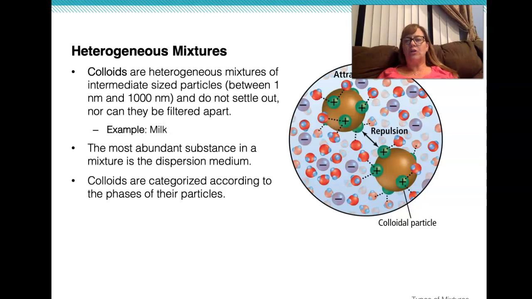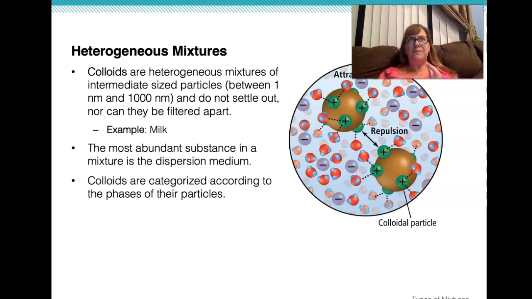Then we'll have colloids. Now, colloids are heterogeneous mixtures, but their particles are a lot smaller than a suspension's. And if you let it sit, a colloid's particles won't settle out. It will stay a little bit more uniform throughout.